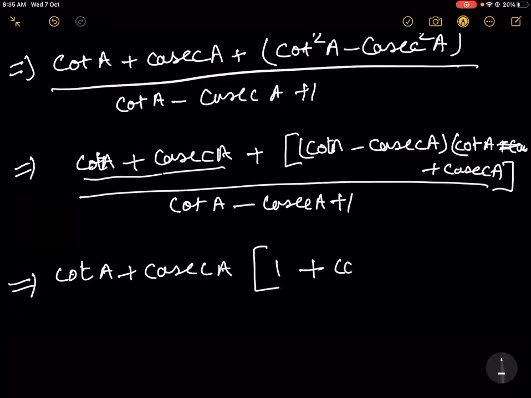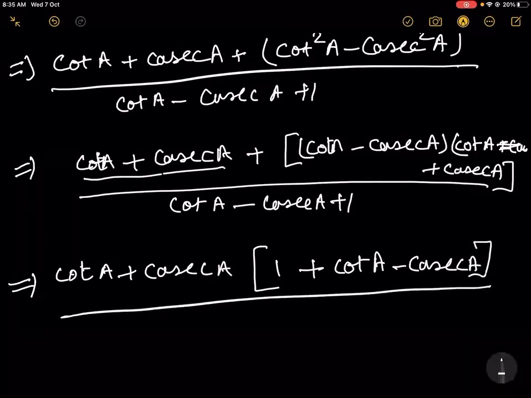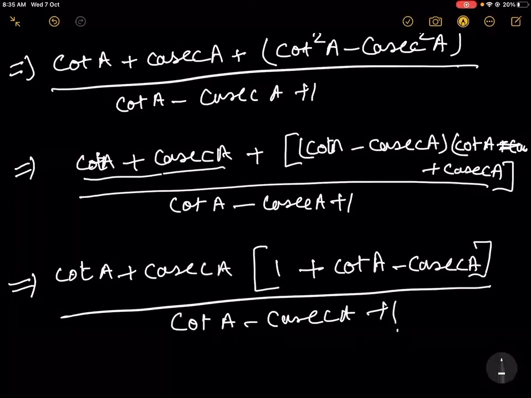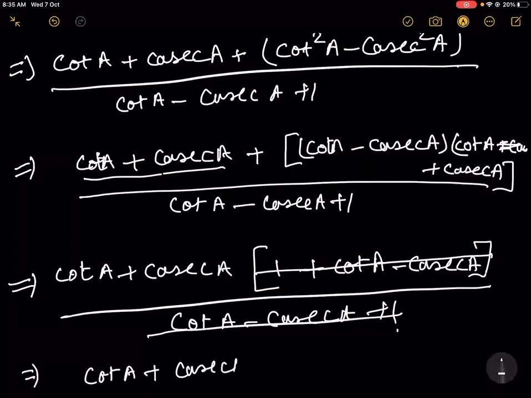We get (1 plus cot a minus cosec a) upon (cot a minus cosec a plus 1). Both are same. So at last what we get? Cot a plus cosec a.